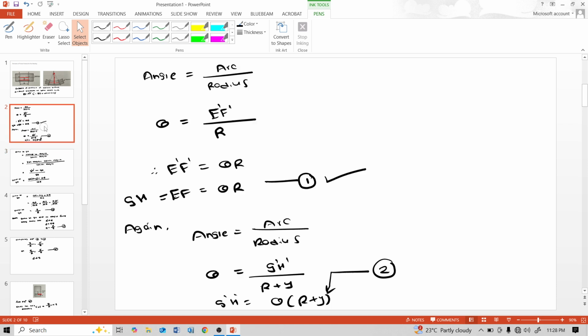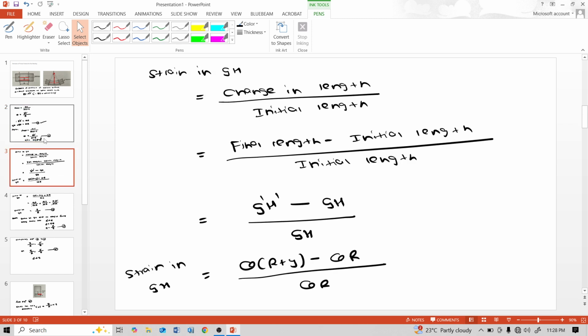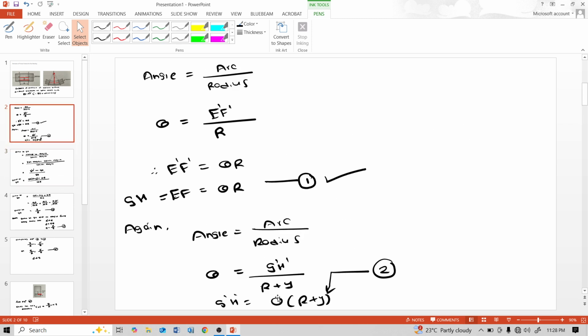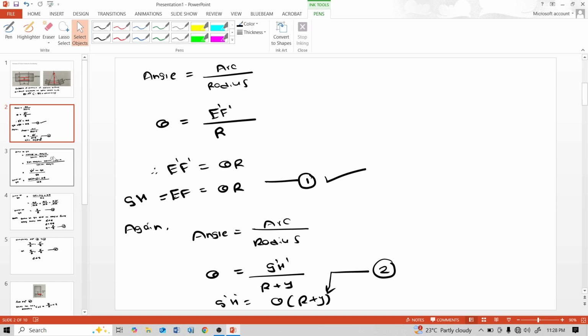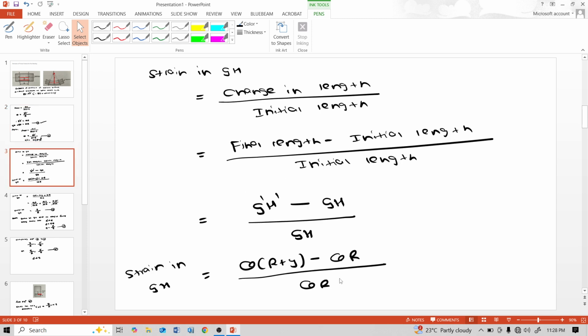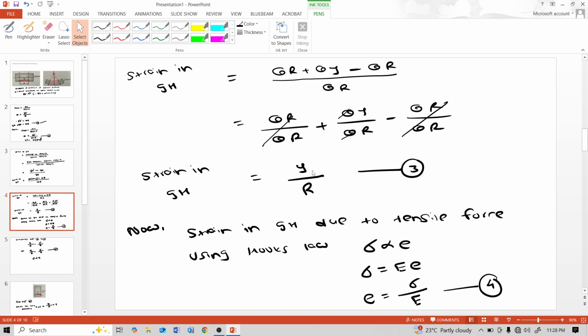Put equation 1 and 2, G dash H dash and GH, here in this equation. G dash H dash is theta into R plus Y, and GH is theta R, upon theta R. This is strain in GH, Y upon R.